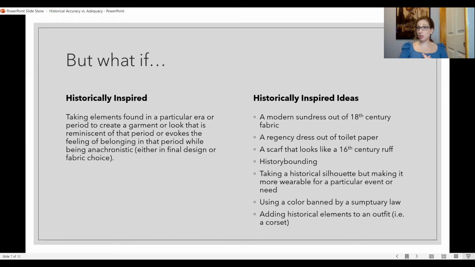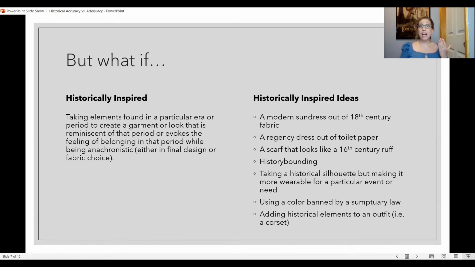That's something I would consider doing personally. Using a color banned by sumptuary law in something that actually is historical, so taking something from the Tudor period and wearing that, but putting in colors they wouldn't have necessarily worn. Adding historical elements to the outfit, like my corset over top of my normal clothes with jeans.